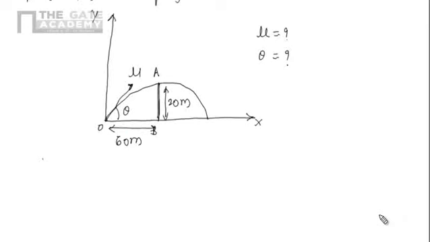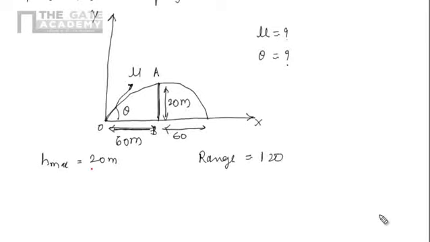Maximum height is given, H max, that is 20 meter, and if we see here, this is 60 up to this point, so it should be 60. So the range will be 120.